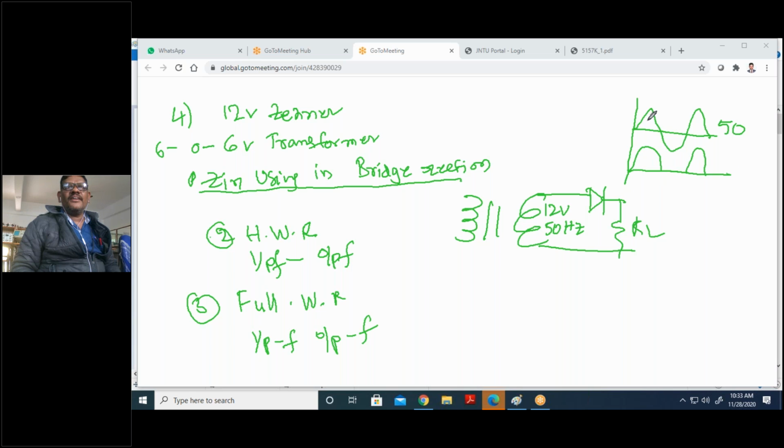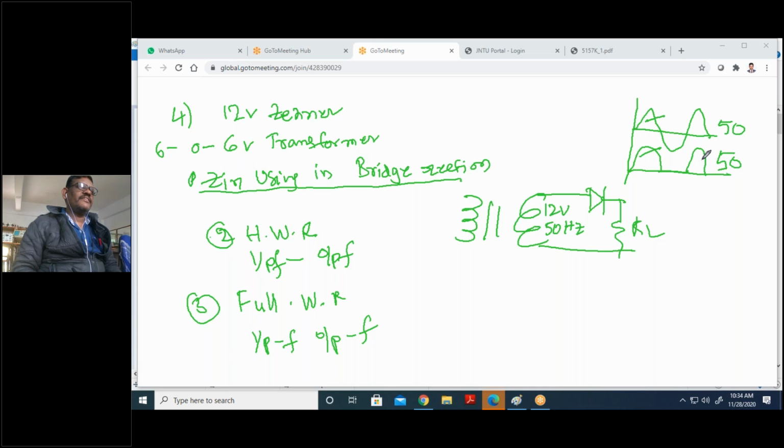Not one. Here positive, one cycle complete. Negative is ground. Same input and output, right? We don't have the negative here, connected to ground, but the peak is there. Nothing but frequency. That is called pulsating. So in a half-wave rectifier, input frequency is equal to output frequency.